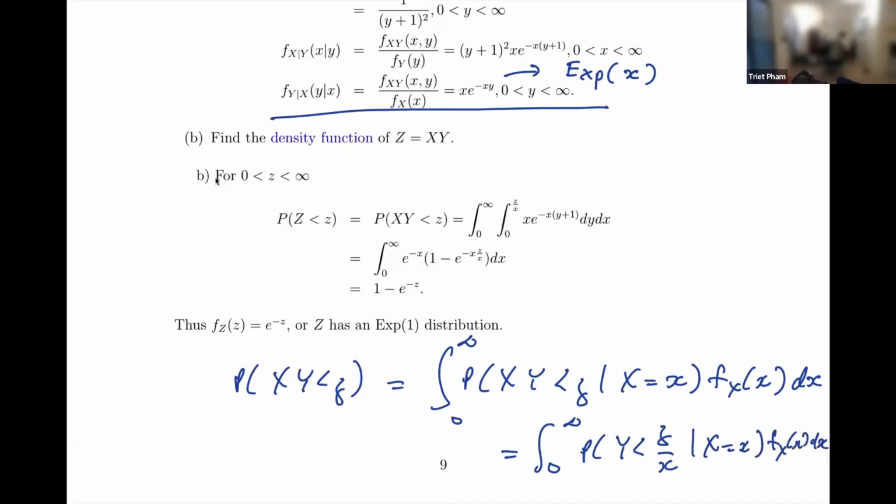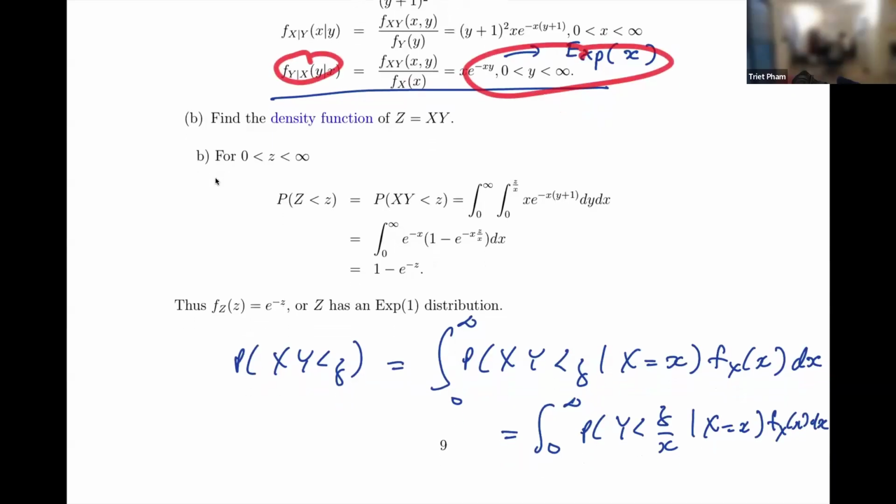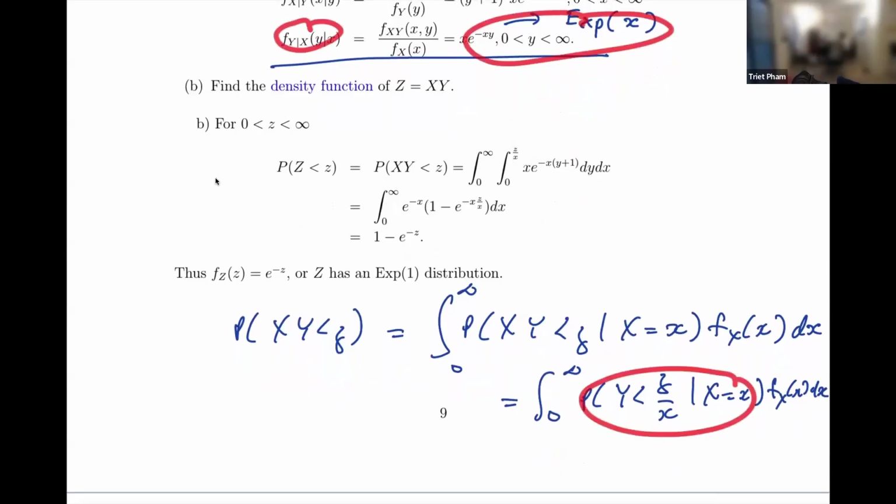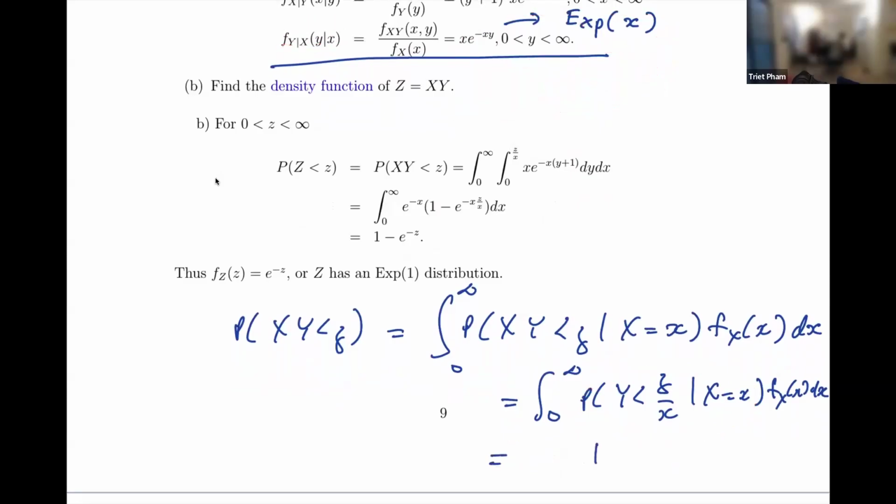Okay. Well, what do I gain from this? Like I said, right? Because you know that Y given X is an exponential. So you know what the answer here is. The answer here is 1 minus e to the minus z over x times x. Because that's the CDF of an exponential with rate x.